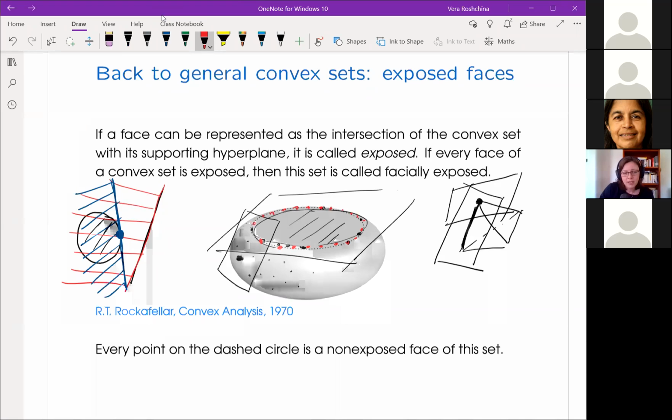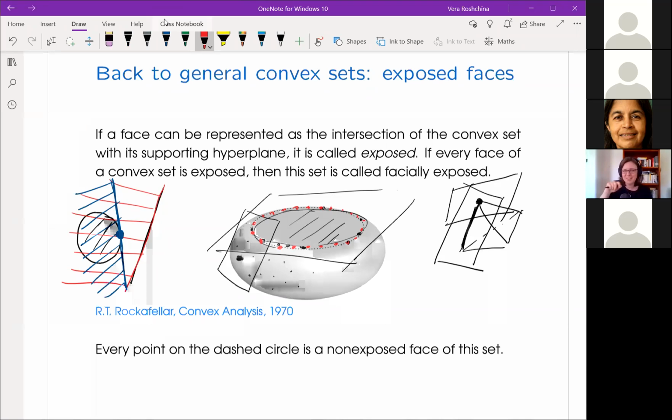In a sense, that's one of the main things that separates the geometry of polyhedral sets from the geometry of general convex sets. Because when you think about duality, you don't get those nice duality relations when you construct a polar object, where for every primal face there's a dual face, and there's a nice bijection, and a nice correspondence in dimensions. You don't get it for general convex sets.